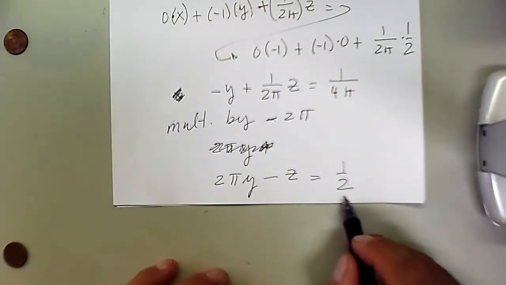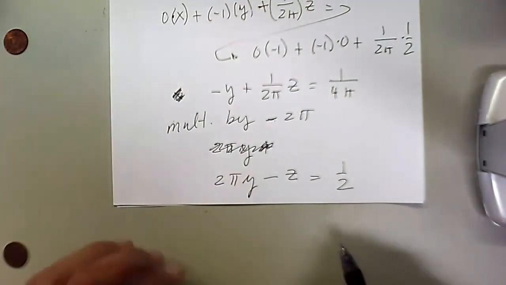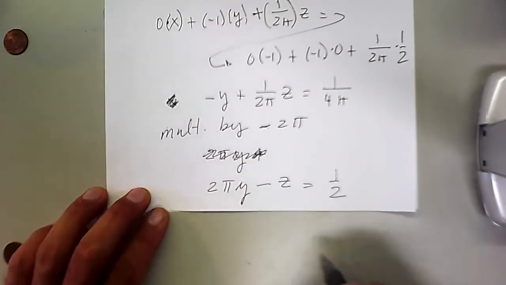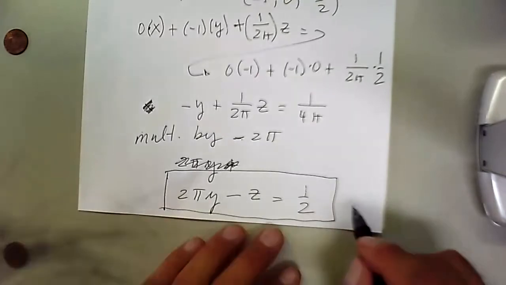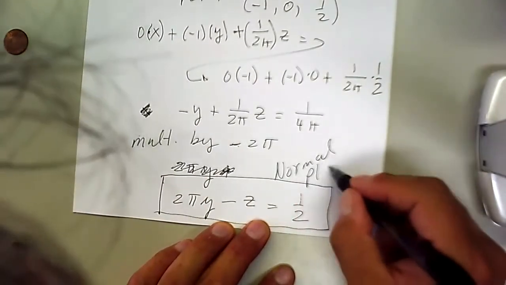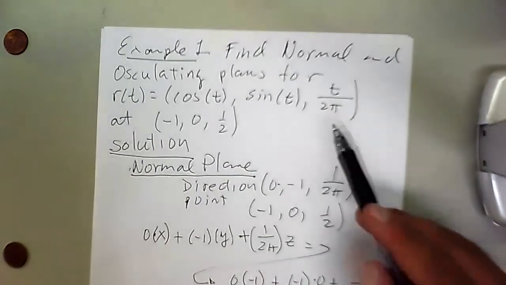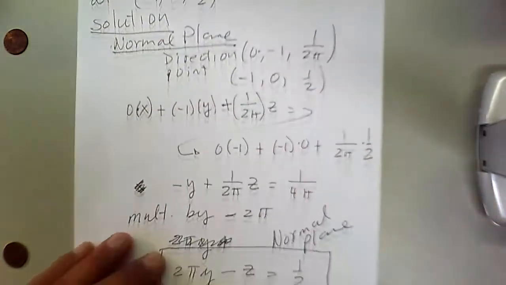Somebody could say, well, could we just multiply by 2? The answer is yes, if you want to go ahead, otherwise we can just leave it alone. So there's the equation of the normal plane to this curve at that one point.